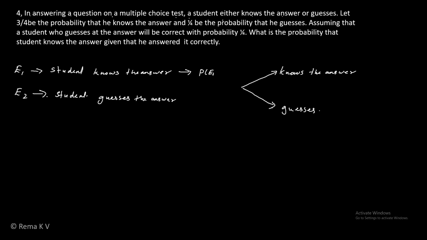What is the probability of E1 and probability of E2?